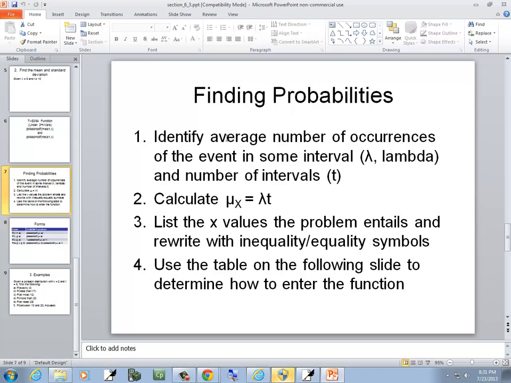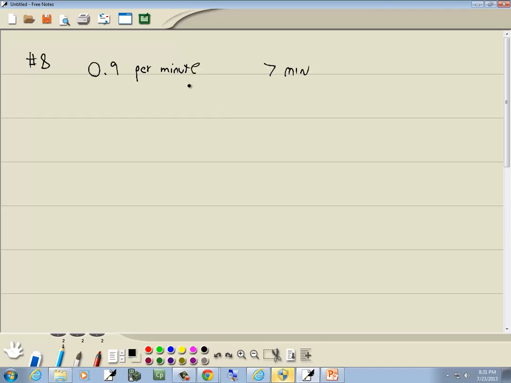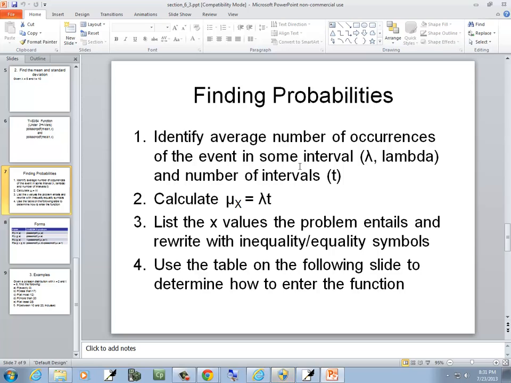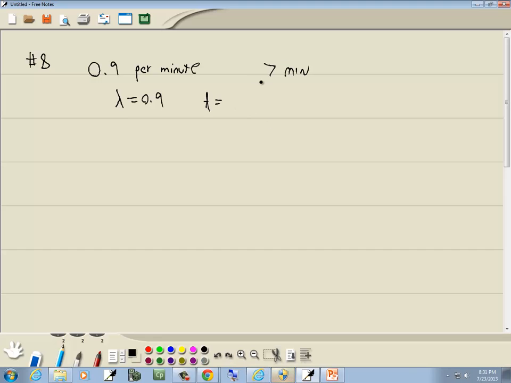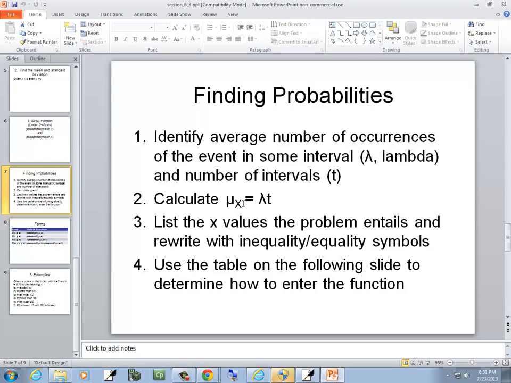Now this says identify the average number of occurrences of the event in some interval, lambda. This is per minute, so lambda equals 0.9. And the number of intervals t: they're telling us 7 minutes, so t is equal to 7. Calculate your mean.